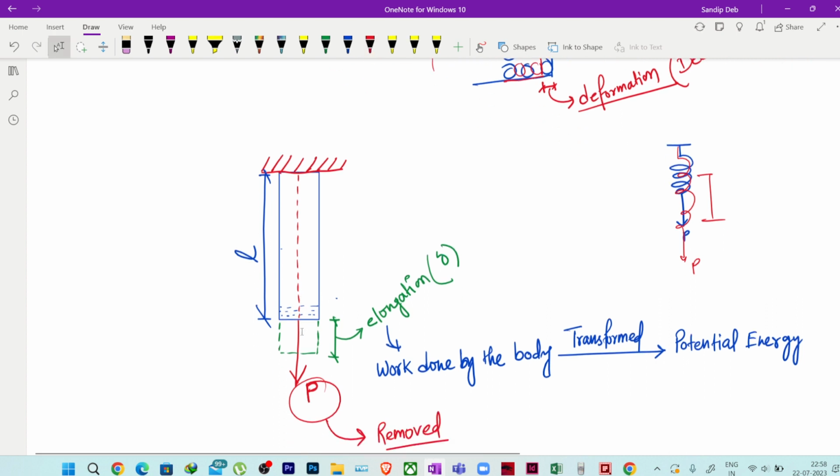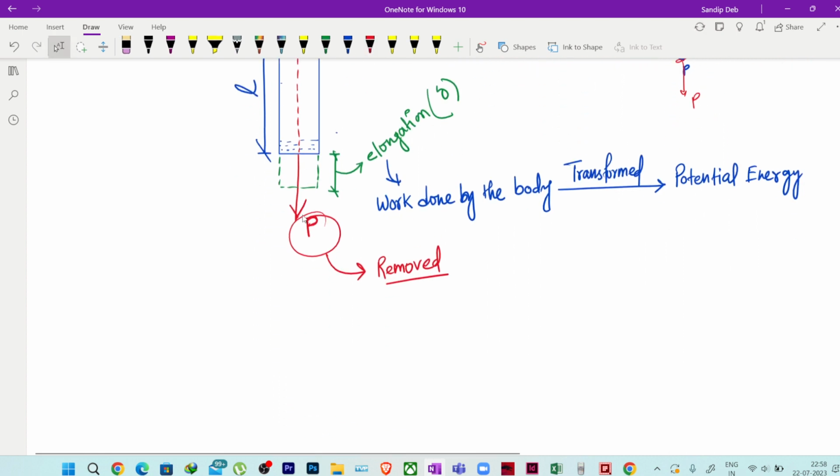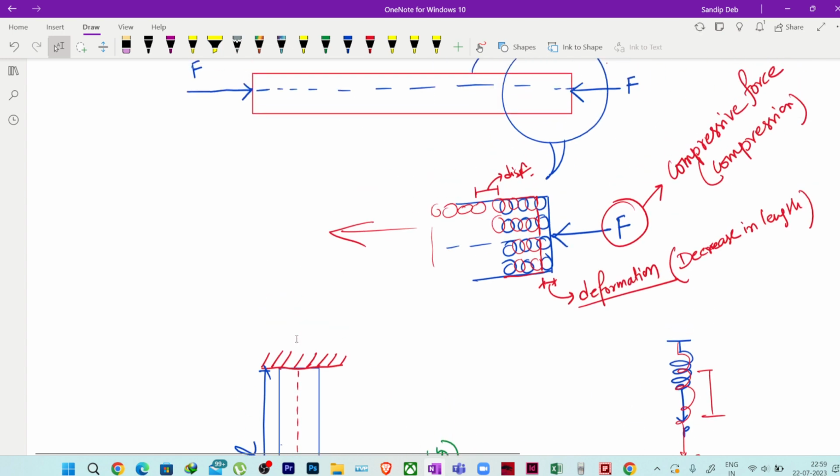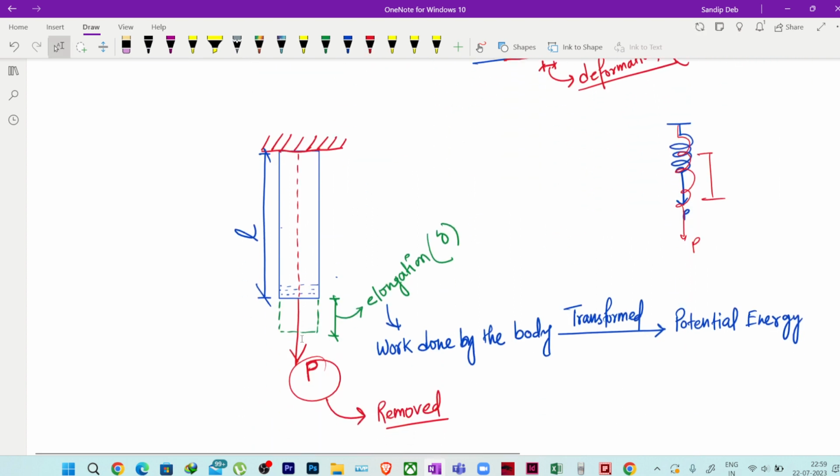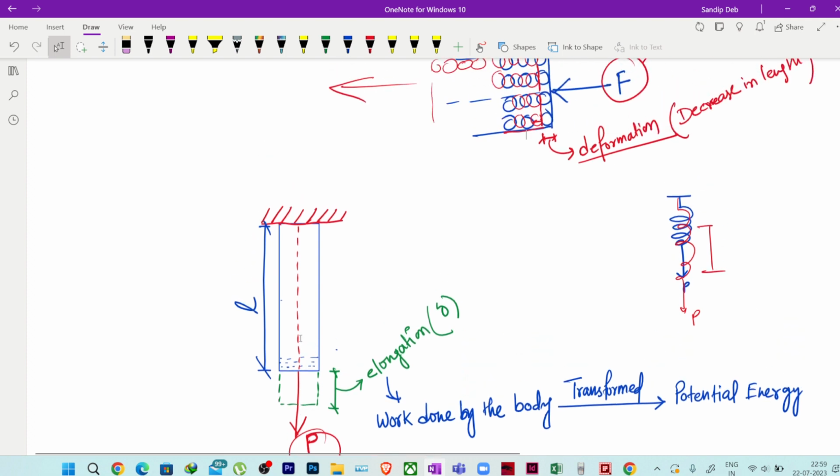As we have applied the load, the molecules have displaced and we have seen the elongation. Now if we remove the load, what will happen? These molecules will provide a reverse deformation.